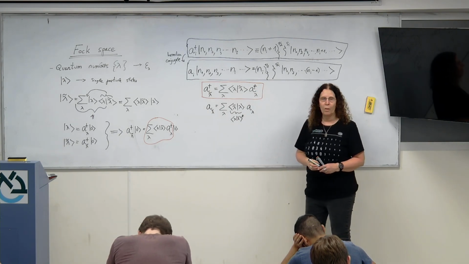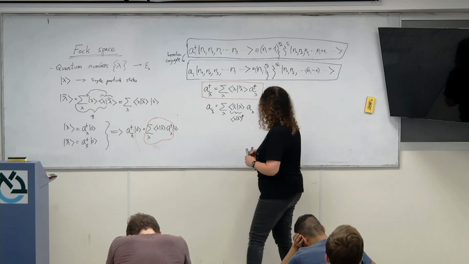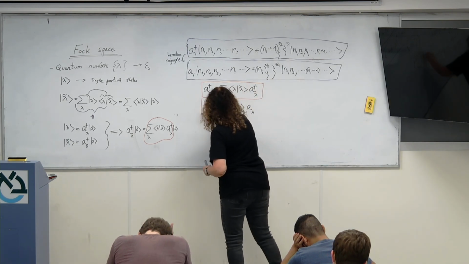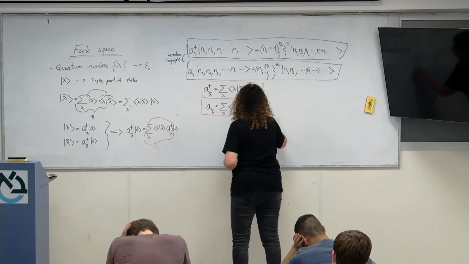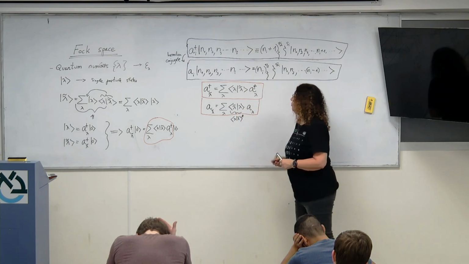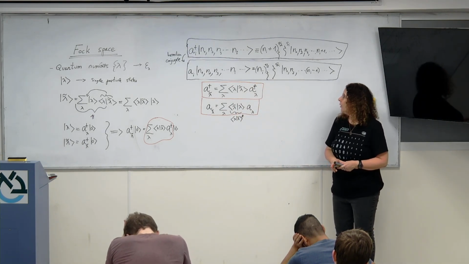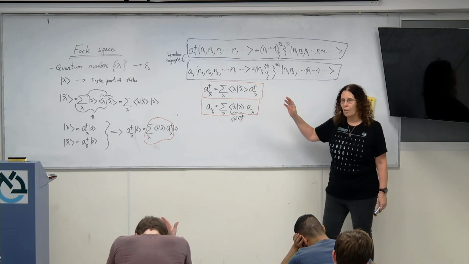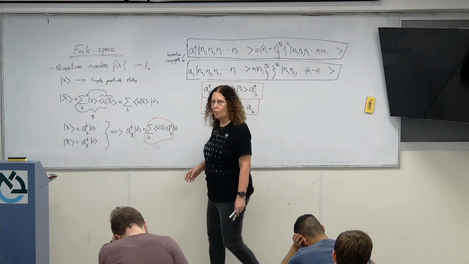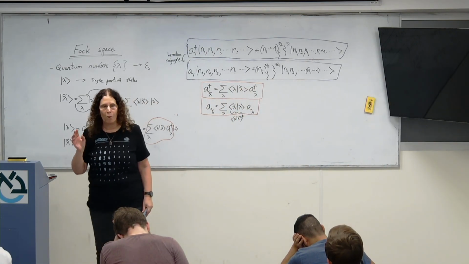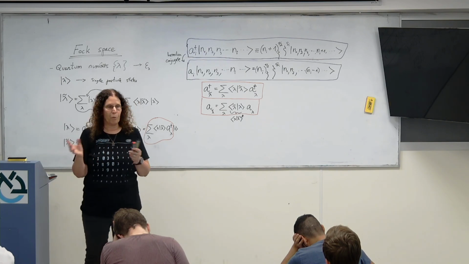Okay, so the second equation is an identity for the annihilation operator. And this is general. It's a transformation of basis for an arbitrary choice of two bases.